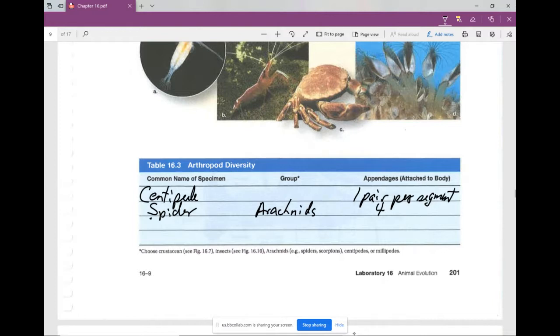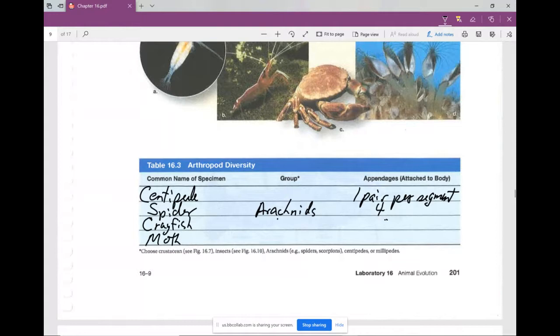How about crayfish? We talked about crayfish. What group are they in? And how many pairs of legs? We counted those. And let's say a moth. What group is that in? The moth is in the same group as the bees and the ants.